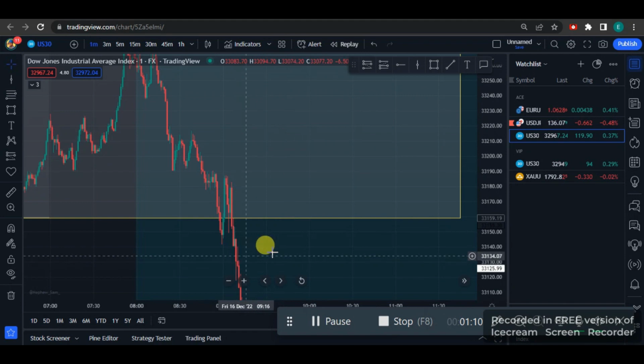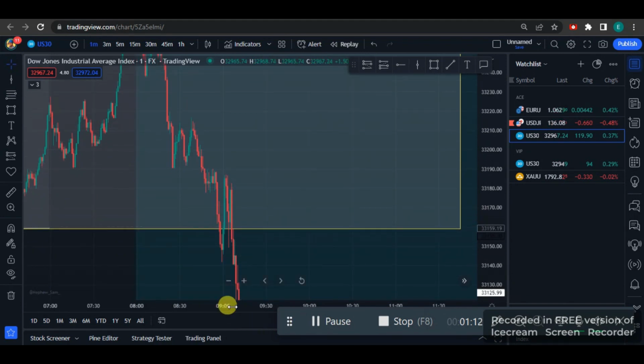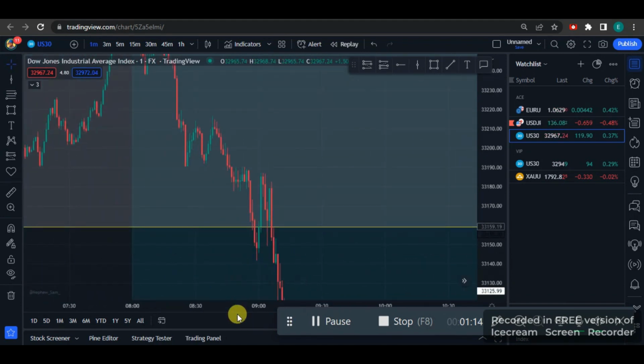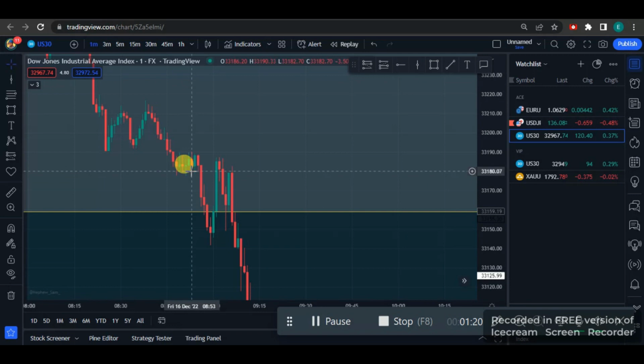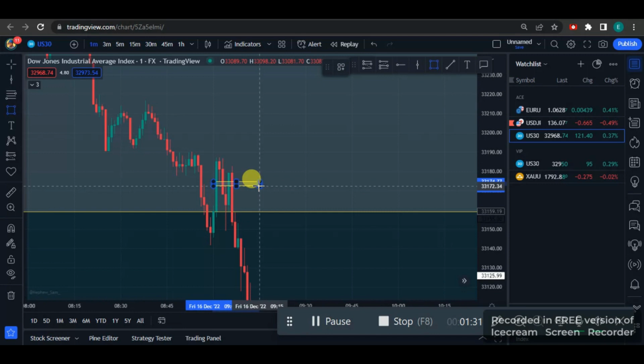So our entry, like I said, our entry is going to be an FVG zone. So we saw this, I saw this beautiful FVG. After this break below, price retraced and I saw this FVG zone, this fair value gap zone here, and then we're looking to take our trade down here for a sell.